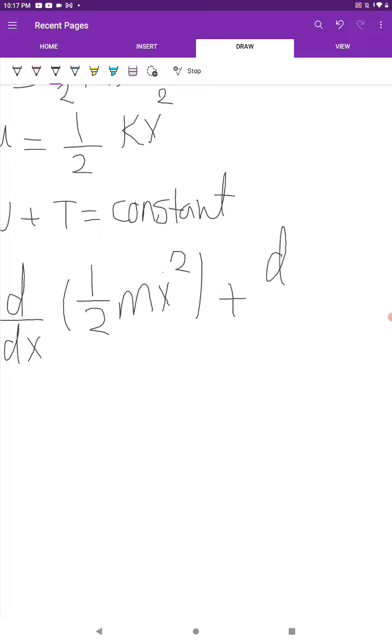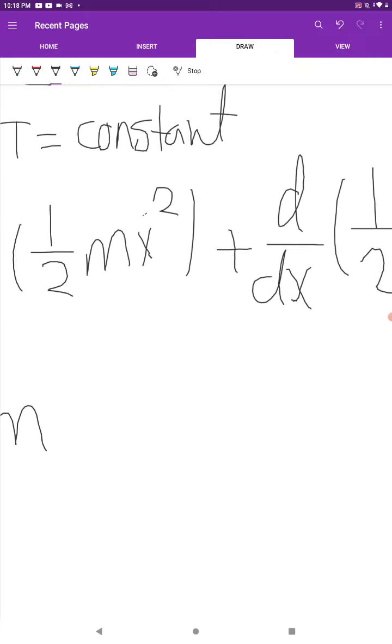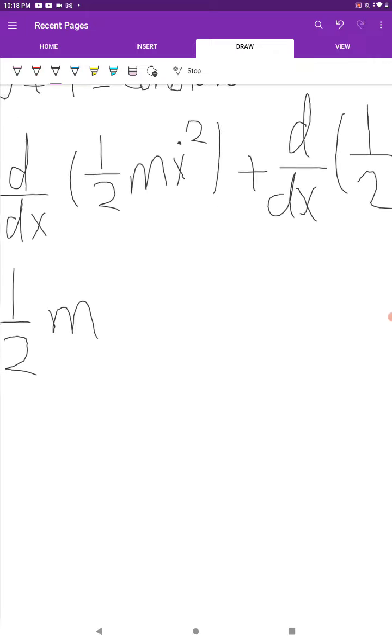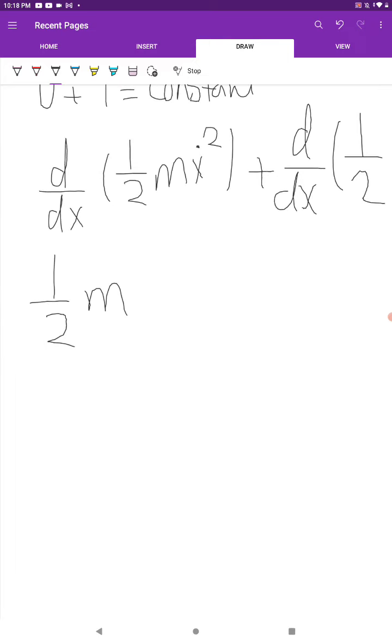Okay, so we take 1/2 m outside, and the derivative of x dot squared is just multiplying this times 2, and then x dot x double dot. So these two cancel each other.